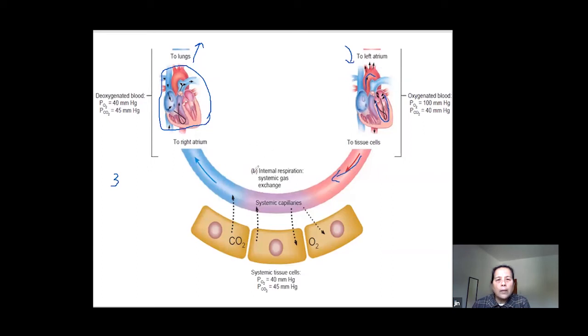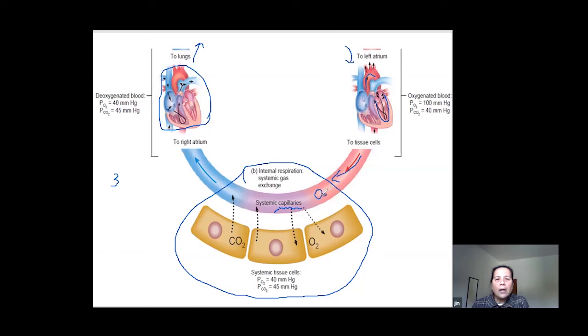So here we're talking about the tissue part, gas exchange. The blood vessels in the tissue part we call capillaries. Capillaries, still remember, receive high oxygen blood coming from the artery.